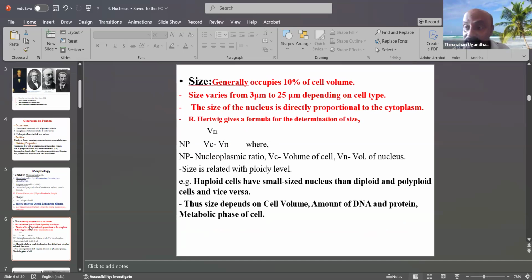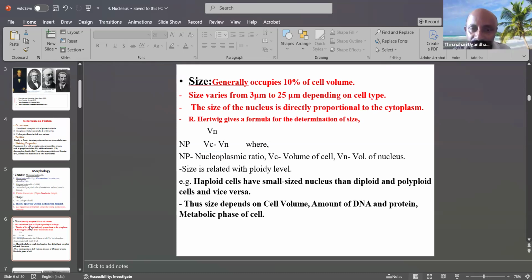The size varies from 3 micrometers to 25 micrometers depending on cell type, whether animals, plants, bacteria or viruses. In algae, fungi and bryophytes, and in angiosperms mainly, the nucleus is 3 to 20 micrometers in size.